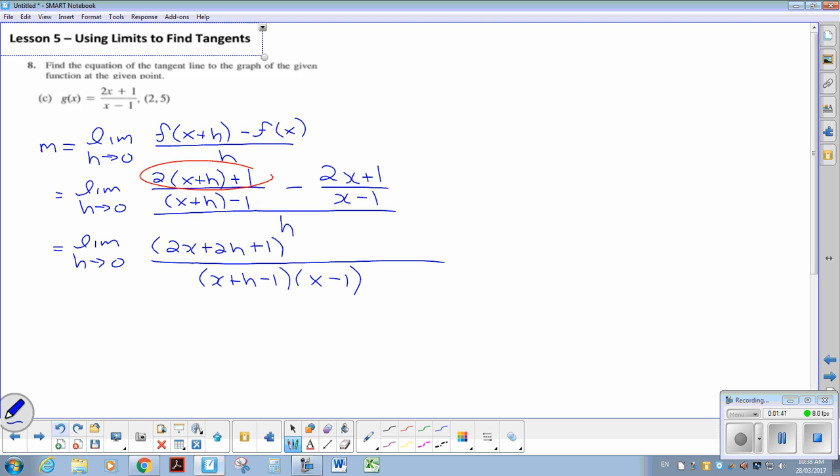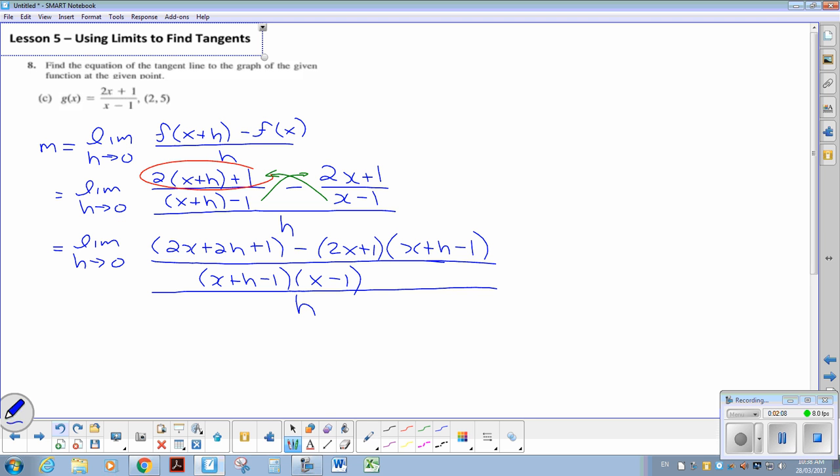So we're going to be combining those two denominators, which means we're going to have to multiply this denominator up and this denominator up. So on top, I'll have minus, in brackets, the 2x plus 1, the existing numerator, multiplied by x plus h minus 1 from the denominator. And that's all over h.